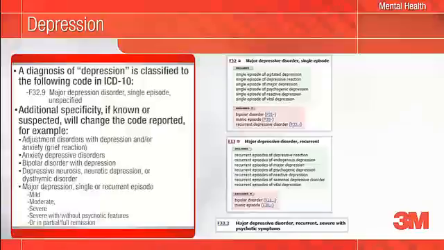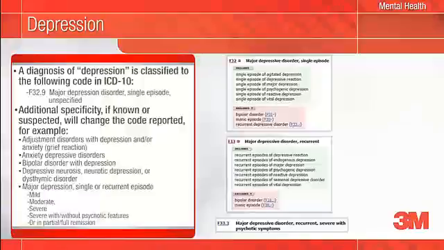If your intended diagnosis is something other than major depression, such as depressive neurosis, anxiety depressive disorder, bipolar disorder with depression, or an adjustment disorder with depression, document this in order to avoid inappropriately classifying the patient as having a psychosis when they don't have that condition.